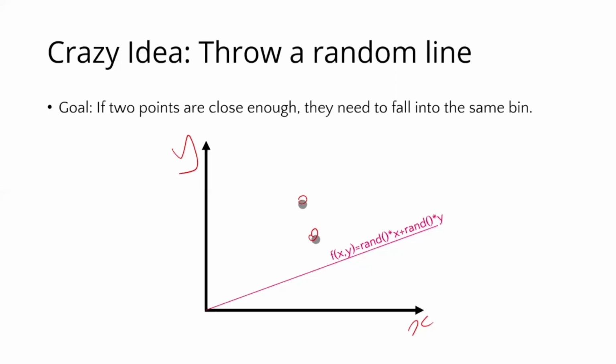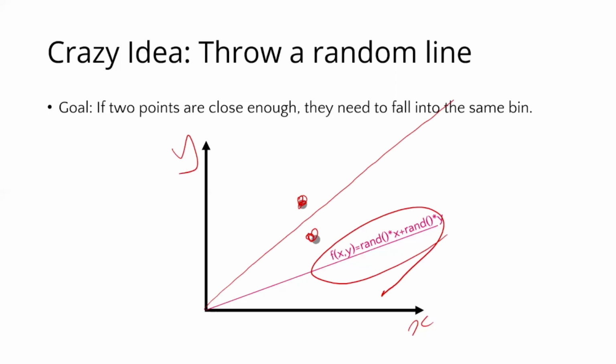Now, if you think about it, the chance of the 2 closely situated points getting separated by this random line is actually very narrow. Only when the line goes in between the 2 points are the 2 neighbors going to be separated.